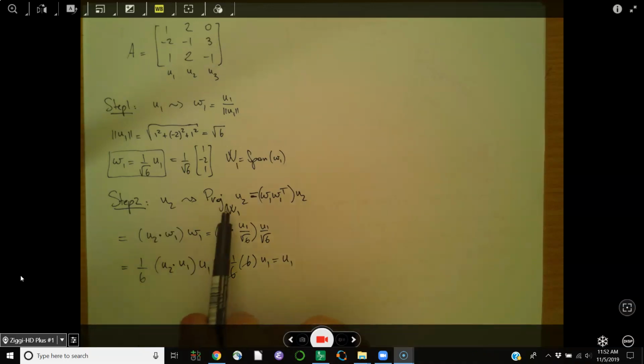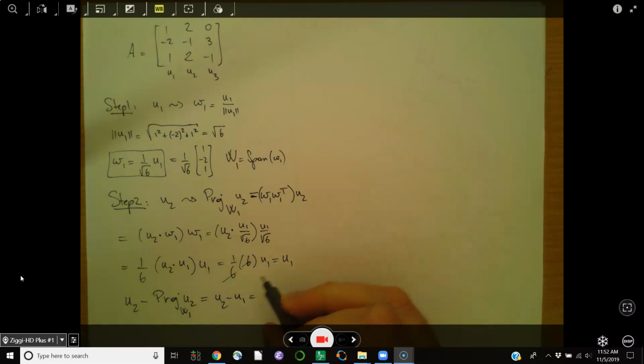The u2 actually just projects onto u1, and now I take the difference, right? I need to take u2 minus this projection, the orthogonal component, which in this case is u2 minus u1, so that's going to be (2, -1, 2) minus (1, -2, 1), and what do we get? 2 minus 1, minus minus 2 minus 1, 2 minus 1.